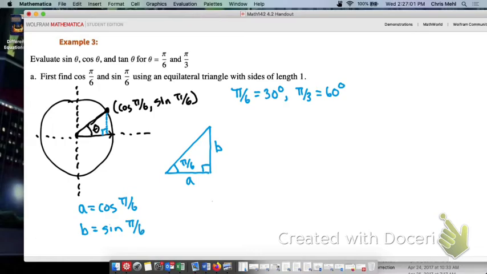Okay. Now here's the trick. What we're going to do is draw a copy of this triangle. And keep in mind that the hypotenuse of this triangle has to be 1 because we were on the unit circle. And now I'm just going to draw the entire triangle as a single one.